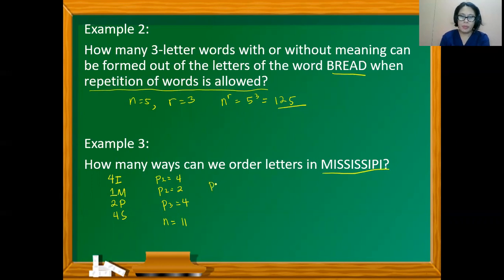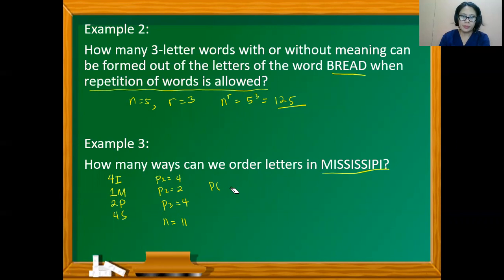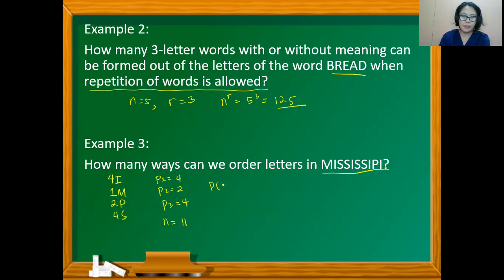So, the permutation of n taken r here is equal to n factorial all over P sub 1 factorial times P sub 2 factorial times P sub 3 factorial.